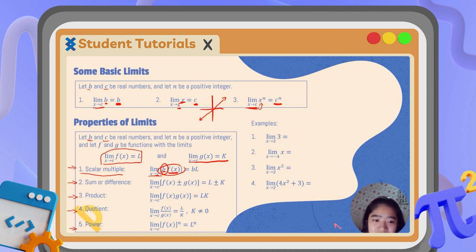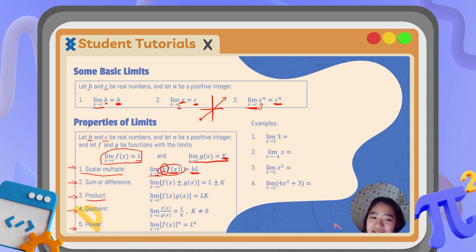So it would be b times L. That's what you get from L. And then similarly here, when you add or subtract two functions, the limit of that new function as x approaches c would just be the sum or the difference of the limits of those two functions. So that would be L plus or minus K. And then same with product.